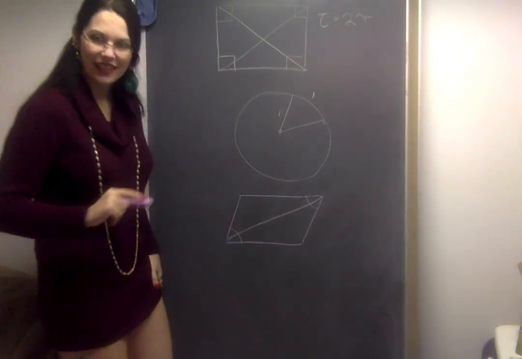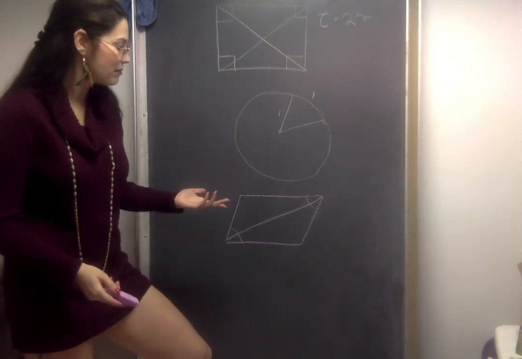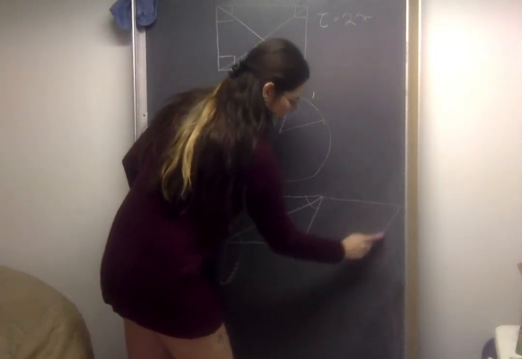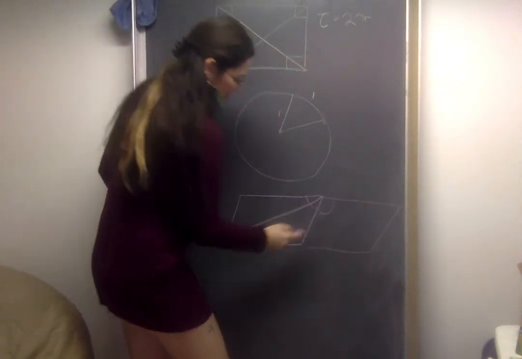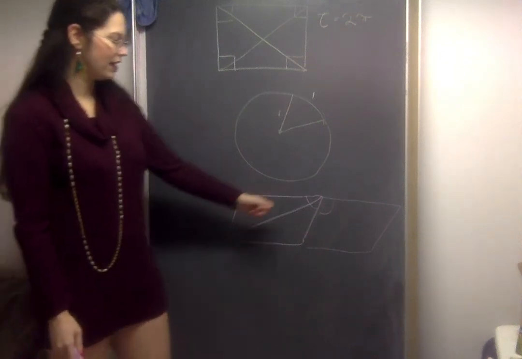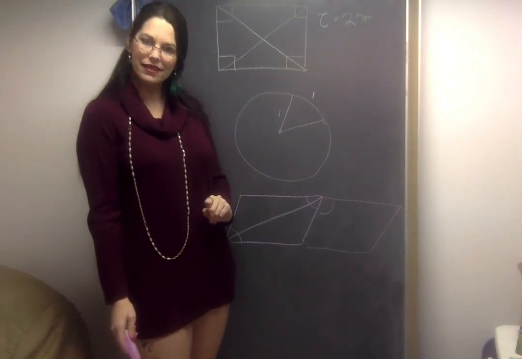And in fact, if I take all of these angles and add them together, if I were to make, say, a copy of the parallelogram over here, I'm going to end up with 180 degrees between all of these angles.